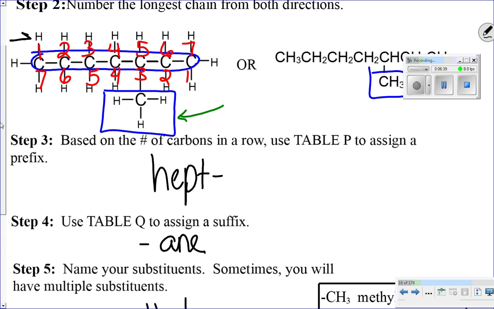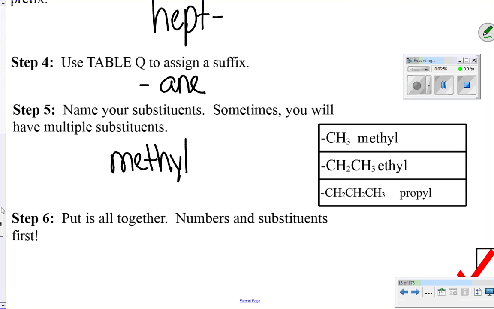If we number going from left to right, this substituent would be identified as being at carbon 5. Whereas if we number from right to left, the substituent is identified as being at carbon 3. 3 is lower than 5, which means this is going to be called 3-methyl.